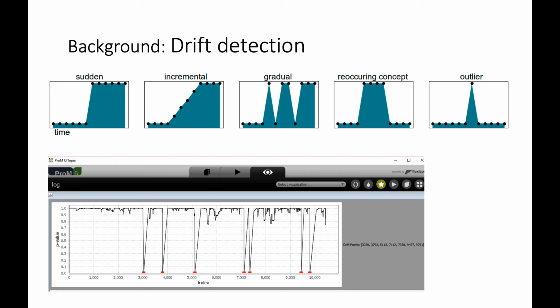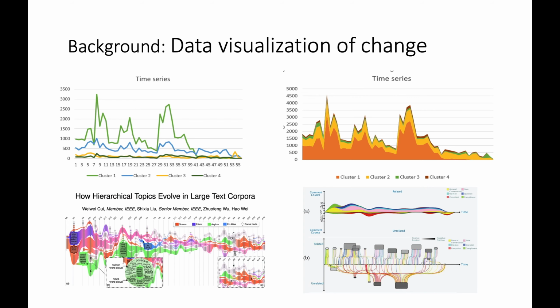There are also recurrent concepts such as seasonal drift. For example, every summer everyone buys more ice cream, so the processes there should be different. Or outliers, where the process is completely different at one moment than at another, for example, if something very urgent happens.